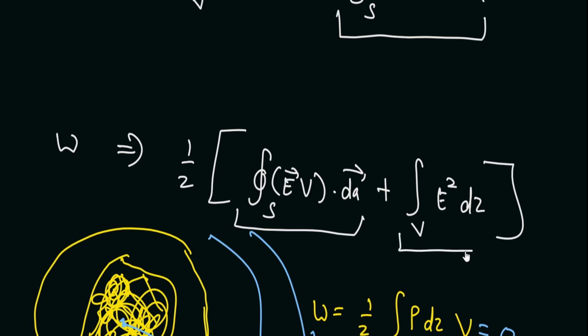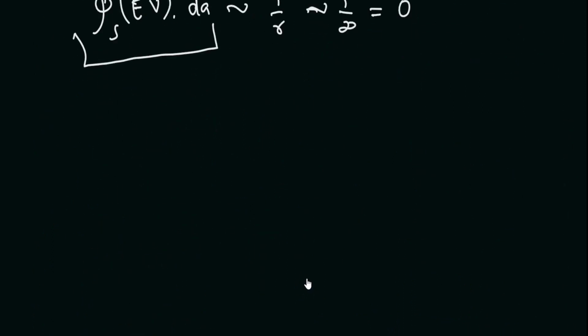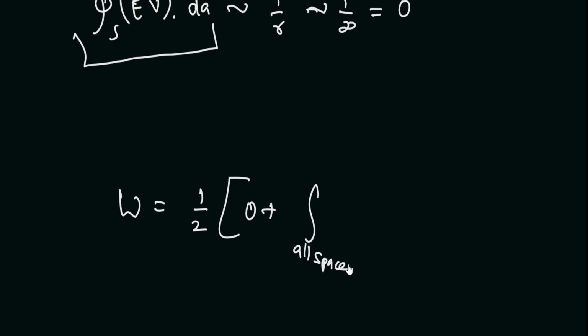And this integral, originally we were integrating it over the volume in which the charges were located, but now we will integrate it over all space. So our work done now becomes half, this integral goes to 0, so 0 plus, we are integrating over all space, E squared dτ.